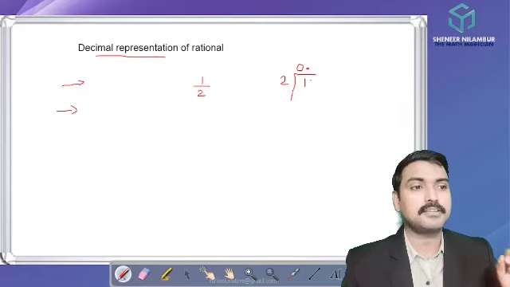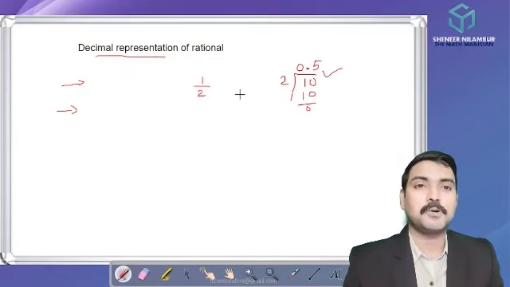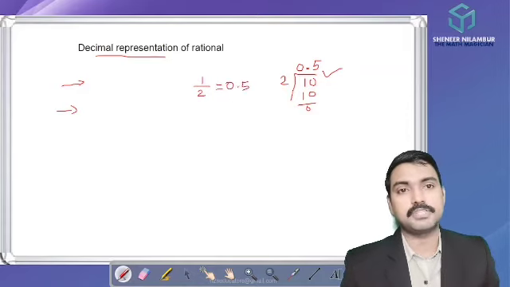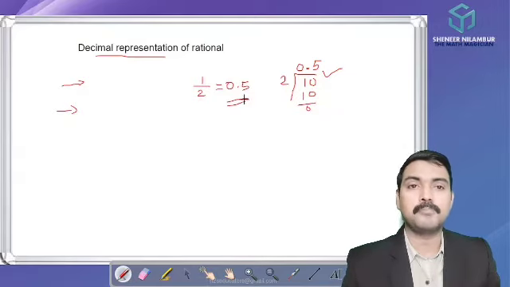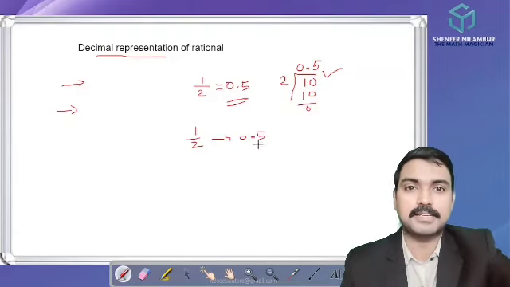Then in 10, there are 5 2's, so 5 2's are 10. So we got the answer 0.5, remainder is 0. So here the decimal expansion terminates, which means when we convert 1 by 2 into decimal form, its answer is 0.5, which is an example of terminating decimal expansion.